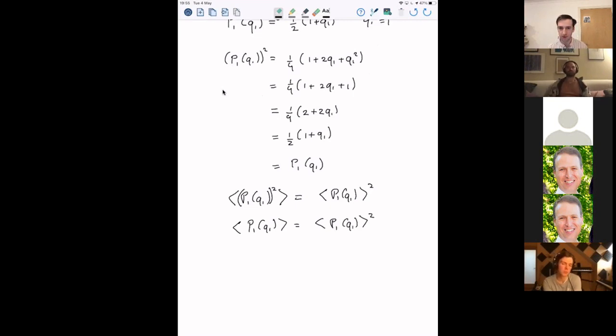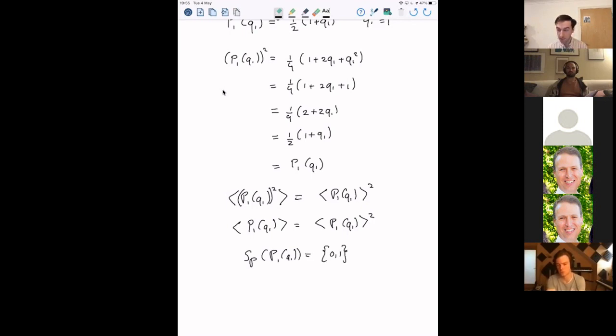Now we notice that the values for which the expectation value of P1 is sharp must be those values for which the square of the expectation value is equal to the expectation value. There are only two numbers for which this is true, namely 0 and 1. So the spectrum of P1 of Q1 is 0 and 1.